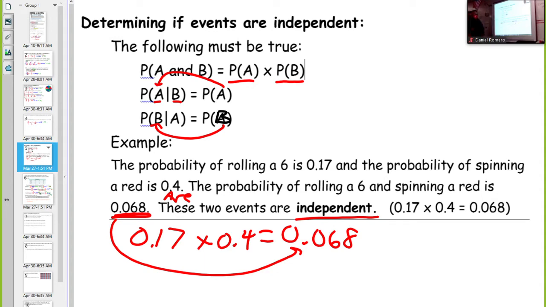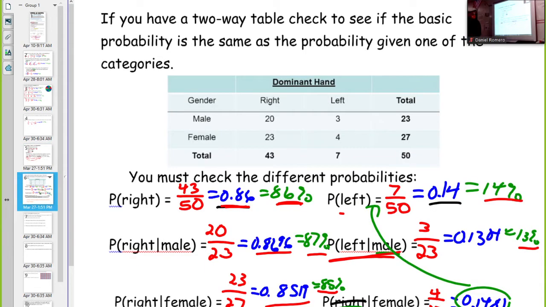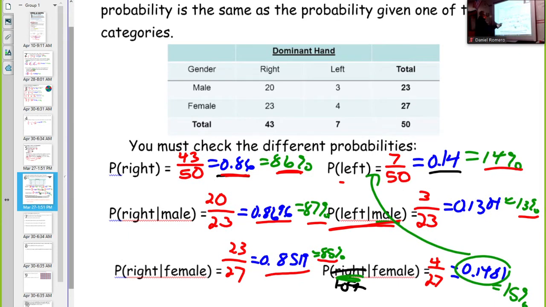Those should be equal. So when we come back to this one, I'll ask you my own questions. For instance, are being right-handed and being male independent or dependent? Well, right-handed is listed first, so if being right-handed and being male are independent of each other, this should equal that.